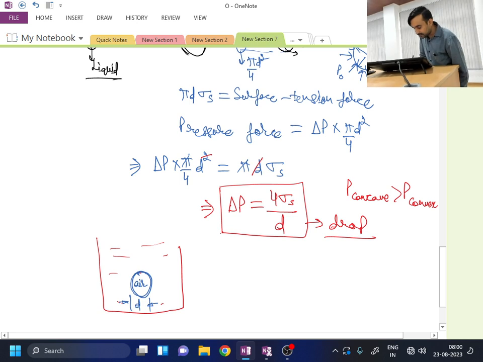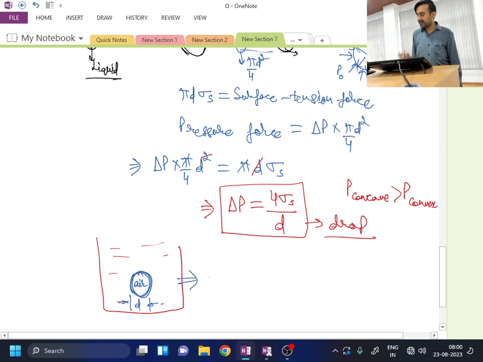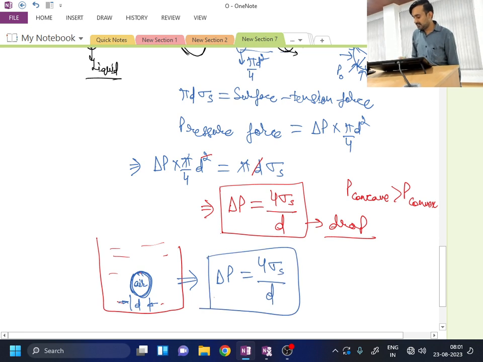As we have a single interface, the interfacial forces and the pressure forces will be identical to those of the drop case. So for an air bubble present in another liquid medium, I will have delta P as nothing but 4 sigma s by d. So this is for an air bubble, or even a gas bubble, present in a liquid medium.